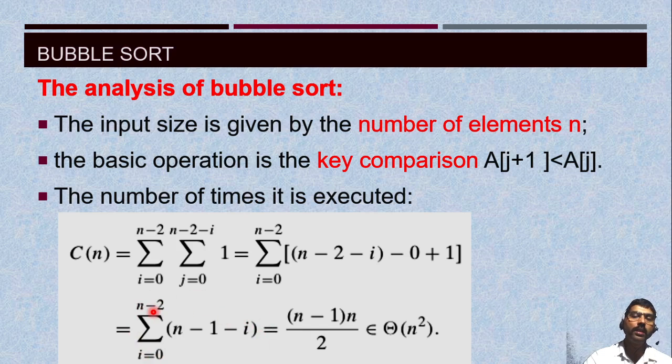Its result is n minus 1 into n divided by 2, that is theta n square. Means the bubble sort order of growth is theta n square.